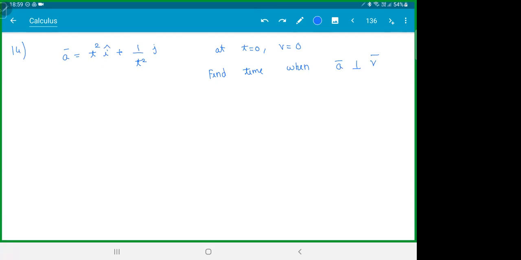Find the time when the velocity and acceleration are perpendicular. Try, everyone should give it a try.